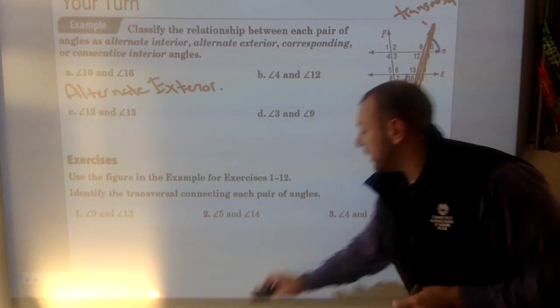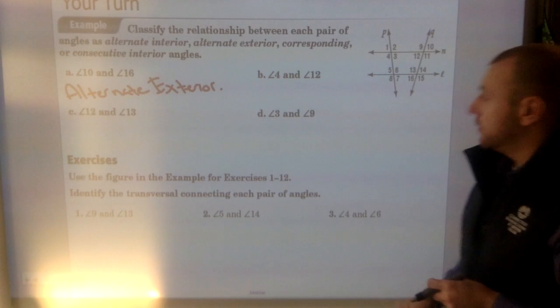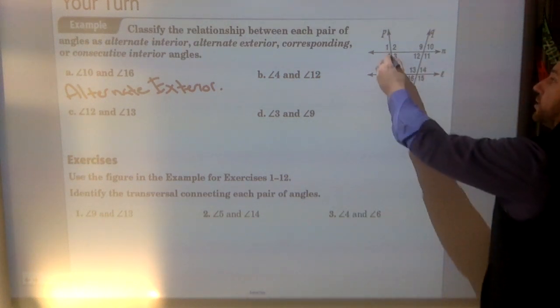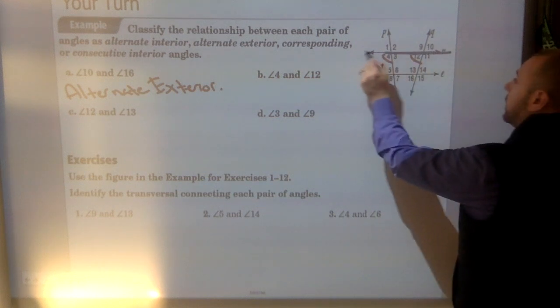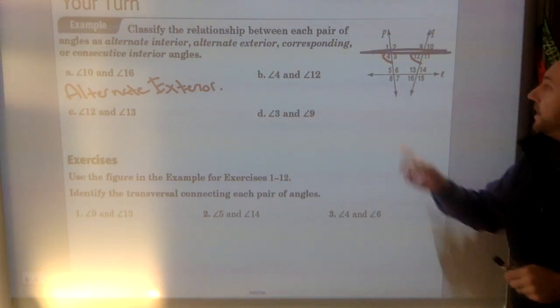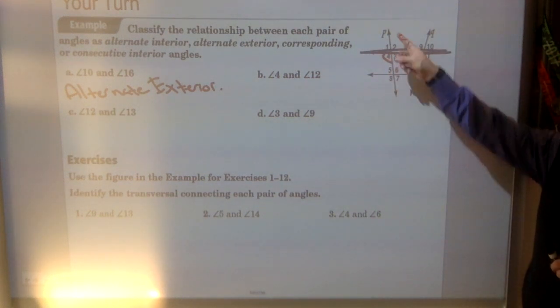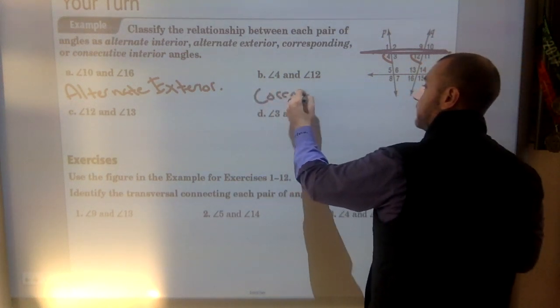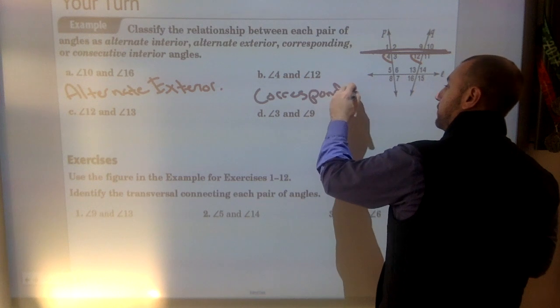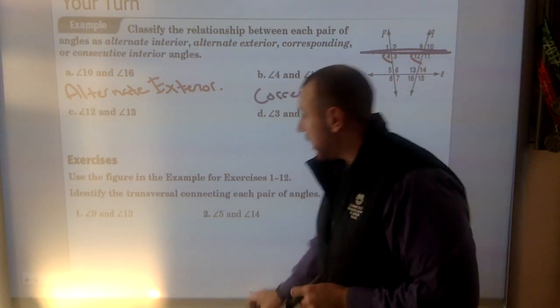Now I can erase this and say 4 and 12. Well, the line that connects them is this one. And they're in the same relative position on these two lines, so they are corresponding. I erase it.